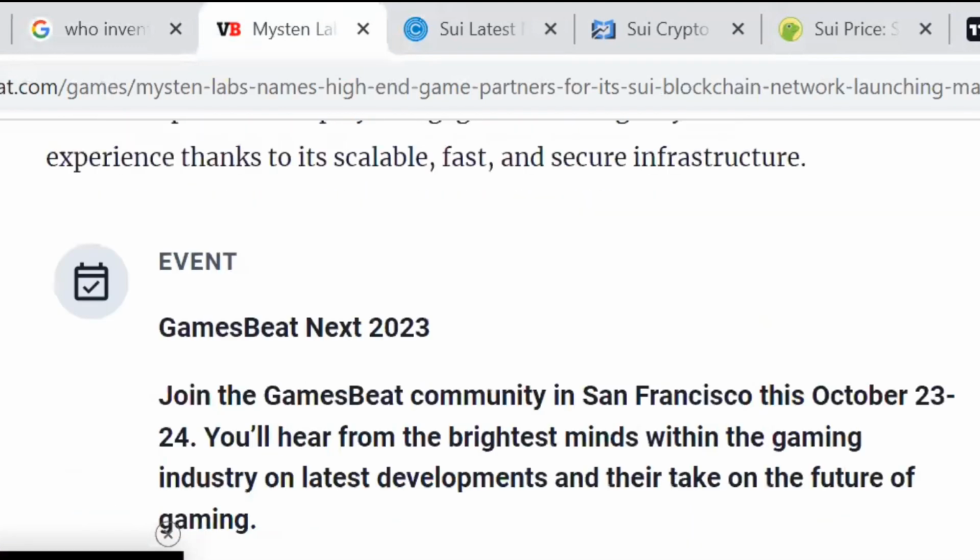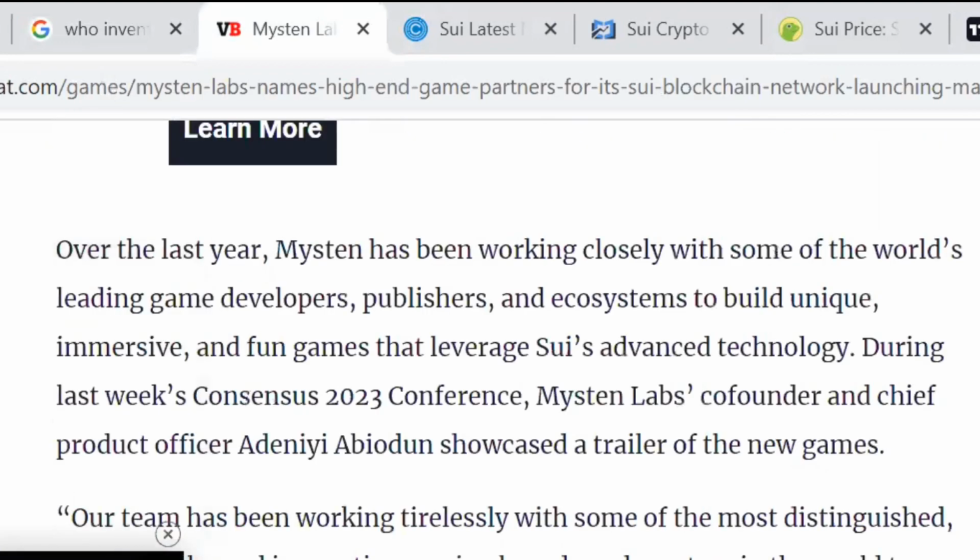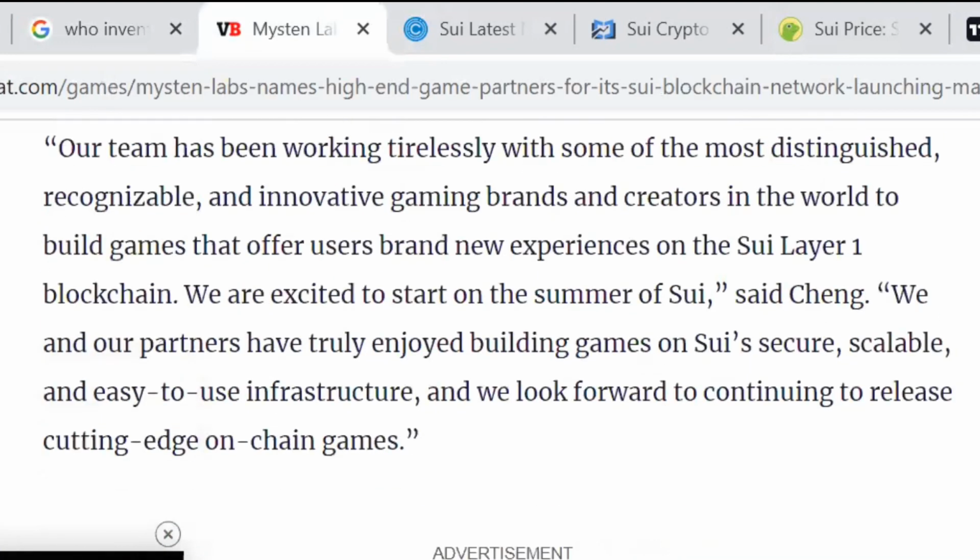It seems like the gaming industry is shifting towards using SWE more so than Ethereum, especially because SWE has been tested to handle up to 297,000 transactions a second, where Ethereum can only handle 30 transactions a second.